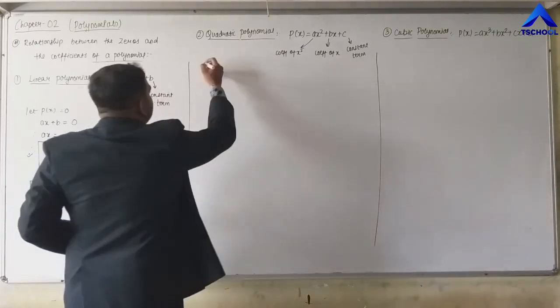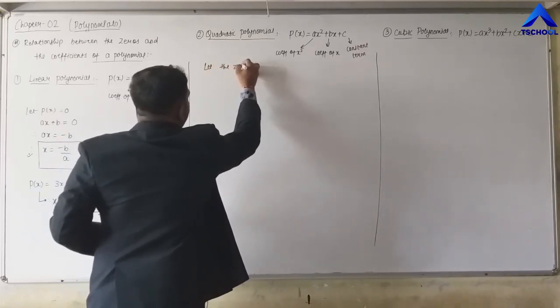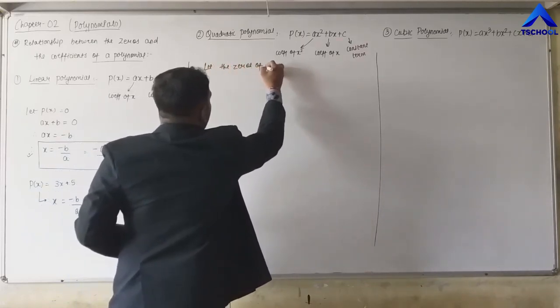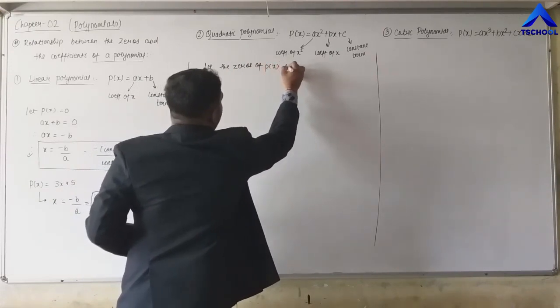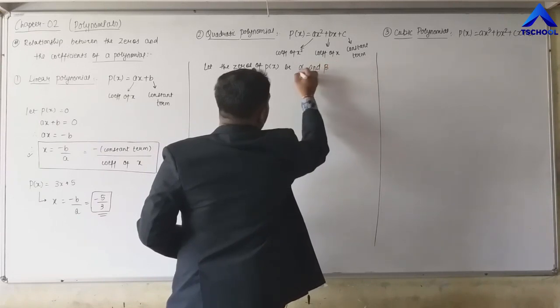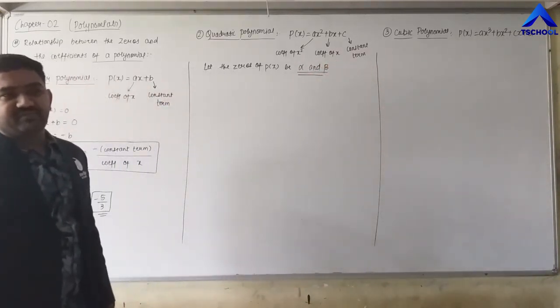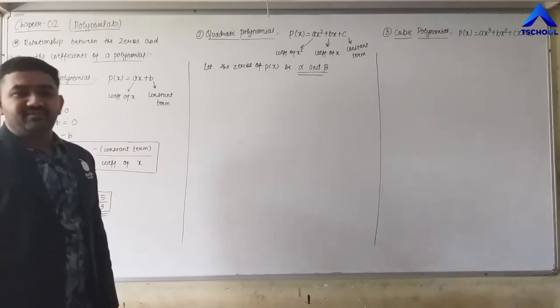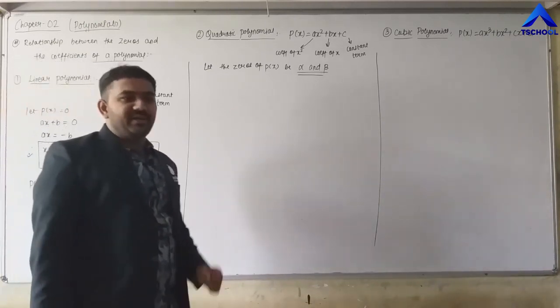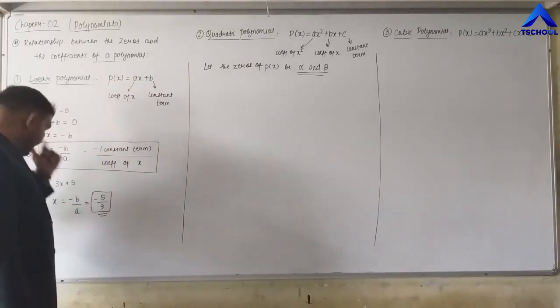So let the zeros of p of x be alpha and beta. We have assumed that the zeros of the given polynomial are alpha and beta.